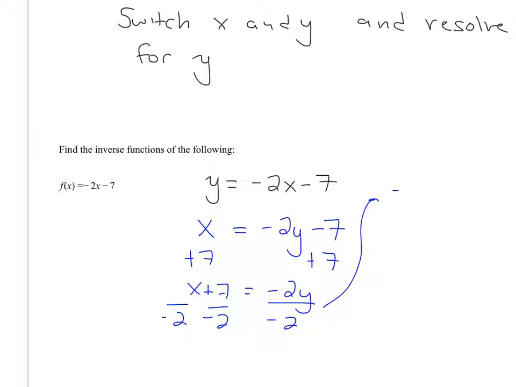So that's going to give me negative x divided by 2. I have 7 divided by negative 2, which is minus 7 over 2. And that's equal to y. So that is our inverse function. So if I want to write it formally, I could say f inverse of x equals negative x over 2 minus 7 over 2.